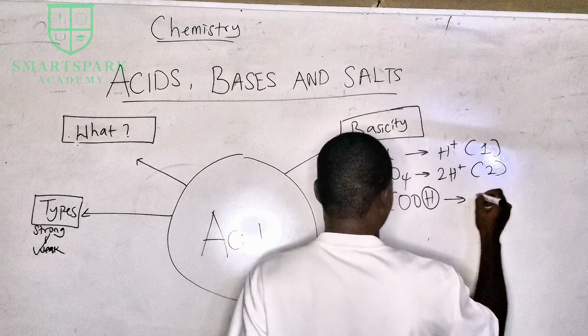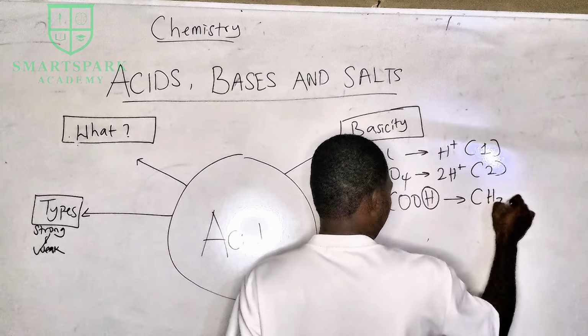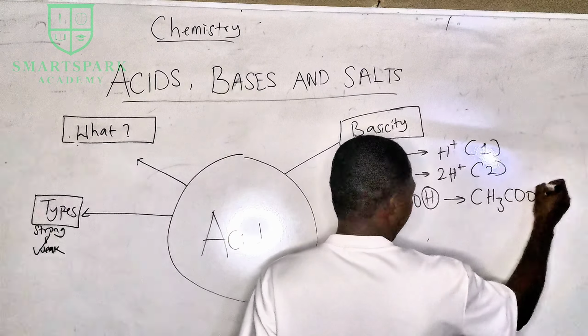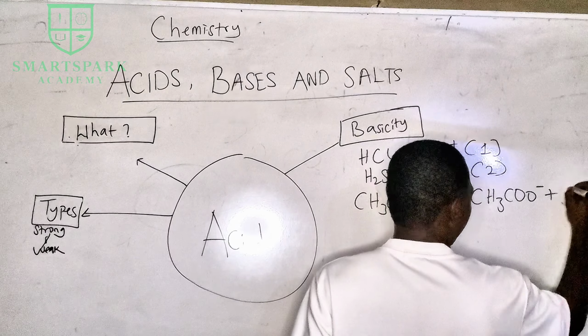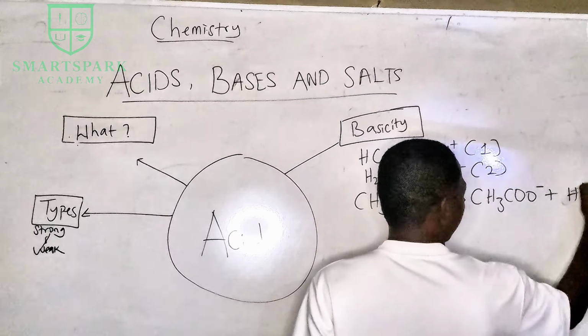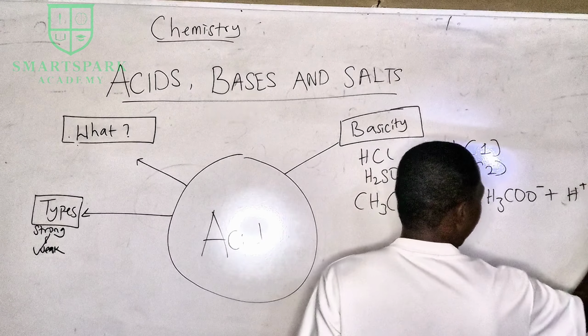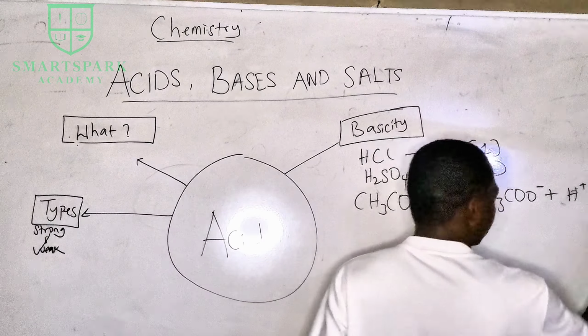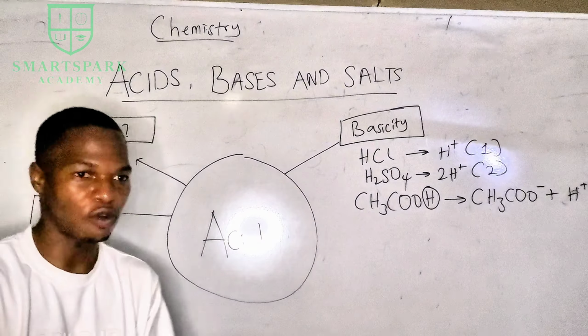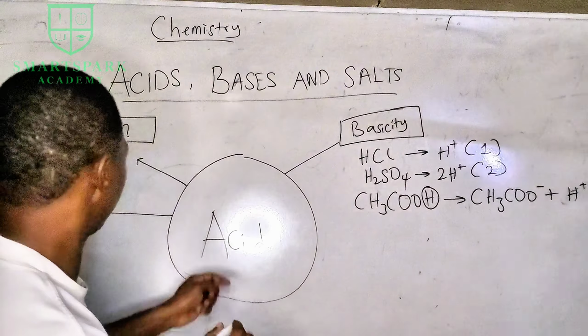So it comes out like this: CH3COO minus plus H plus. You get? So the number of replaceable hydrogen ion here is 1. Do you understand? That is what basicity is. So that's the basicity of an acid.